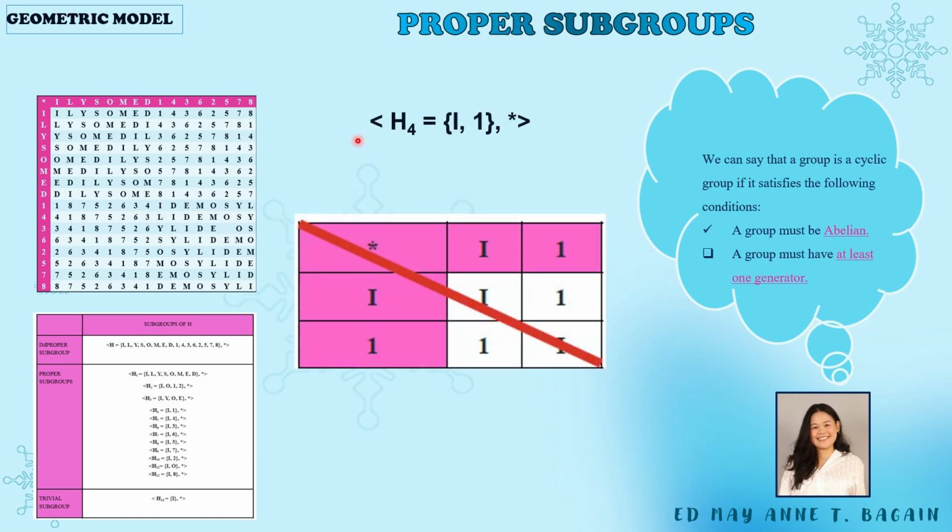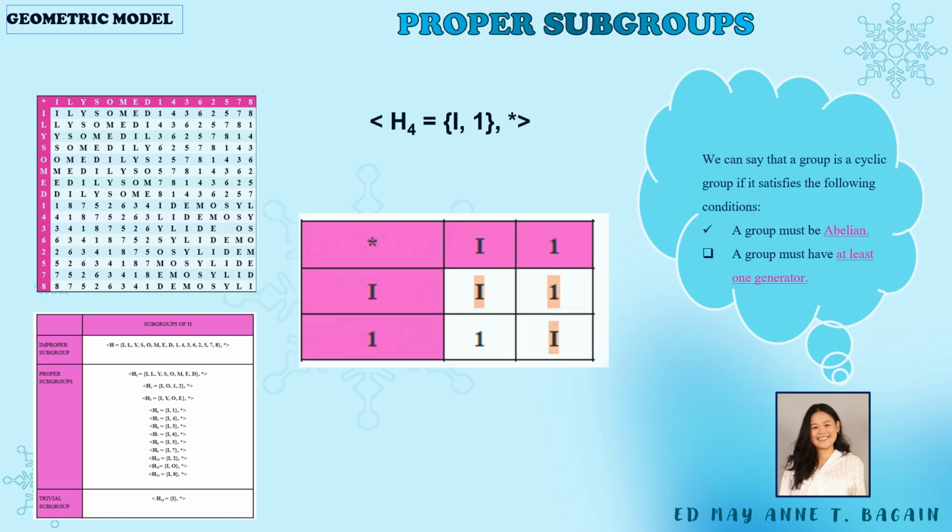Now we will be talking about H sub 4, which is equal to I and 1 under the operation star. As we can see, it is already abelian because all of the values that we can see are just the same, 1 and 1 only. So we will now be checking if this one has at least one generator.